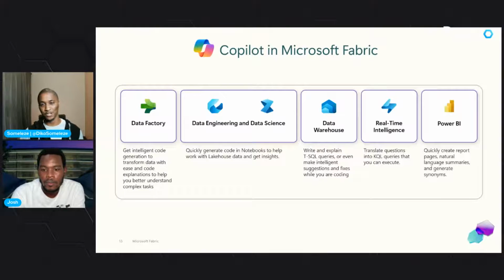Also, in Data Factory, in which we might show you a bit later, you can simply describe how you want to ingest your data and transform the data using natural language, and Copilot does the rest. When working in a notebook in a data engineering experience or data science experience, you can more quickly enrich, model, analyze, and explore your data using Copilot in these experiences.